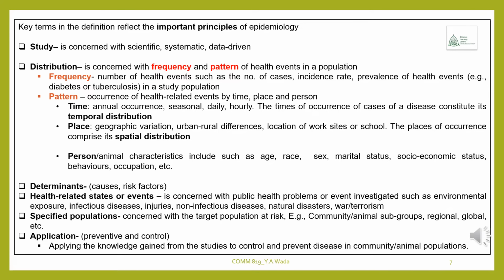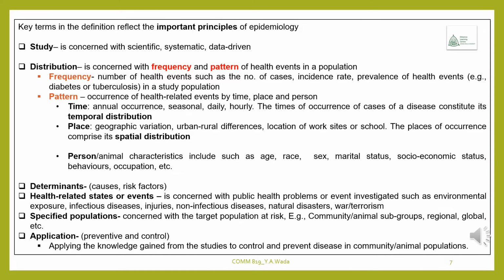So it's a study. Then epidemiology also tries to describe a disease in terms of distribution, which is concerned with frequency and pattern of health events in a population. So by distribution, frequency deals with the number of health events, such as the number of cases, incidence rates, prevalence of health events in a study population, while the pattern of occurrence deals with events by time, place, and person.